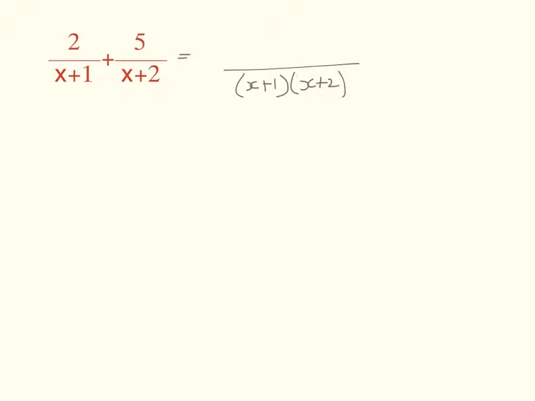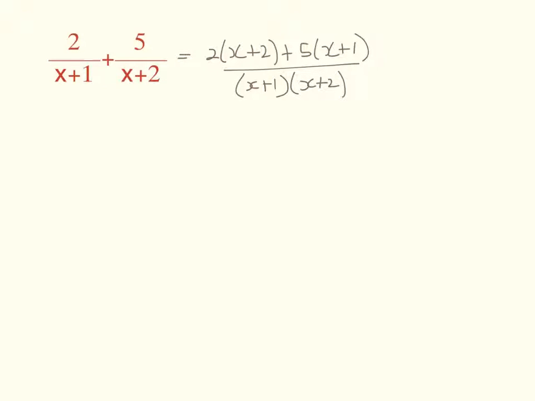And as I've shown you at the very beginning, this is going to multiply by everything up there, and this is going to multiply by everything there with that plus in the middle. So we'll put the plus in the middle, and then we're going to have 2 into x plus 2 there, and then that 5 into x plus 1 there.